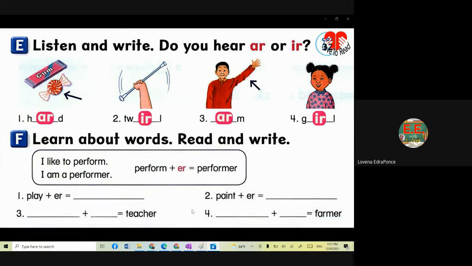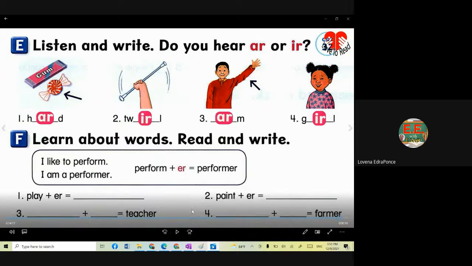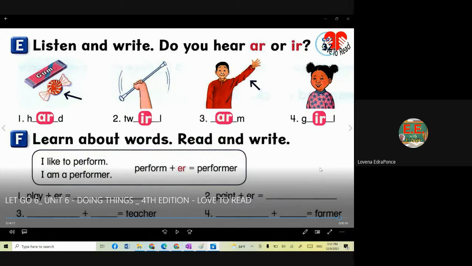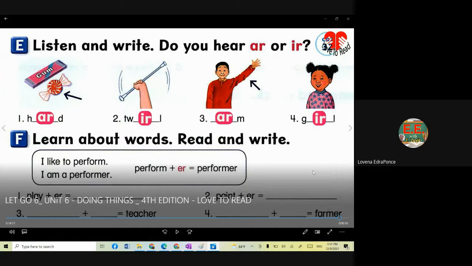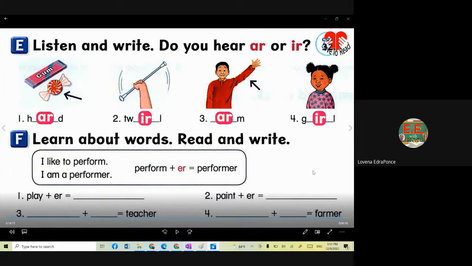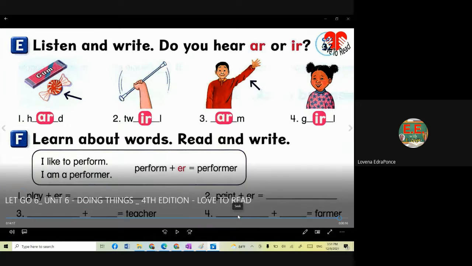Now, for number 4, it's not a verb, but it's a noun. It says here farmer. The root word is farm plus ER, farmer. A farmer is the person who is working in the farm. Okay, so you can write your answer in your book.